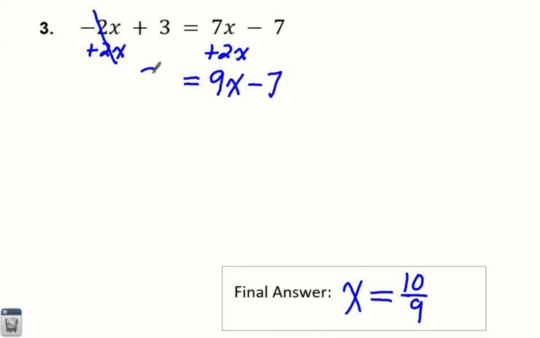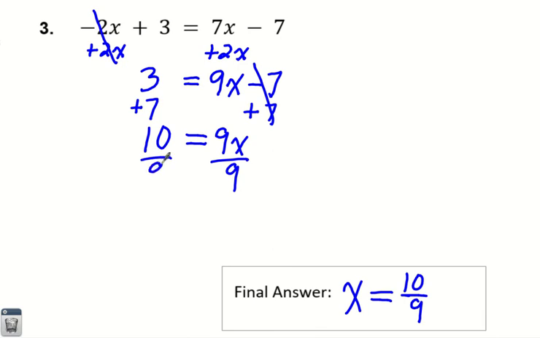That's okay. Now the left side will just be positive 3. And now we would still be looking to get x by itself. So we'd have 10 equals 9x. And now we would be dividing by positive 9. And we would get 10 ninths.